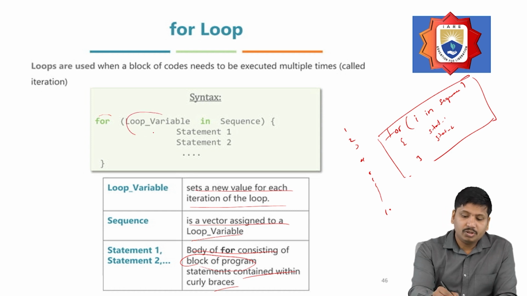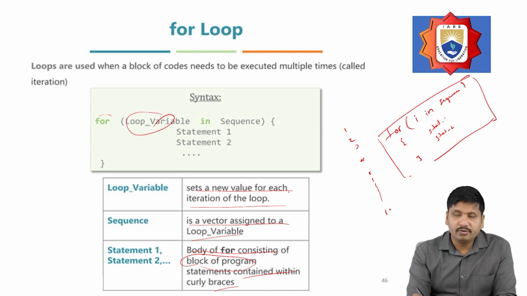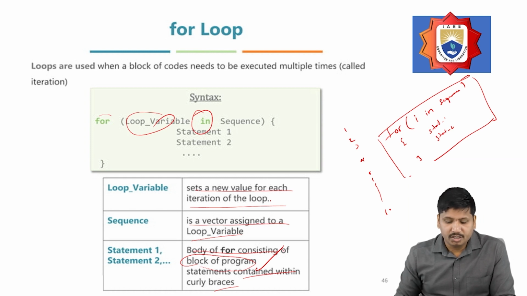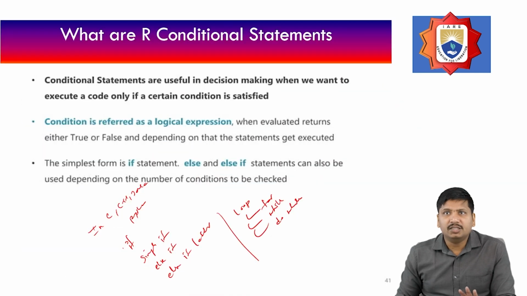Here the loop variable starts with a new value at each iteration, and n is the vector object that is assigned to the loop variable as the sequence. This is the body of the for loop, consisting of a block of statements contained within the curly braces. So these are some of the conditional statements I wanted to discuss in R programming.